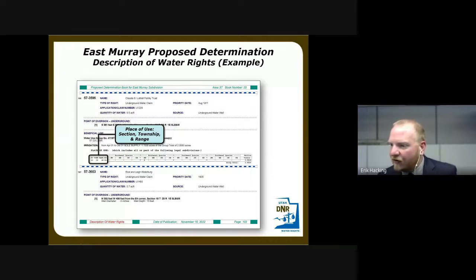And if you can see here, there's a small X marking. It's in the northwest of the northeast quarter. And as you can see over here, we list the total irrigated acreage in this section. If the water right had multiple sections, the usage allowed in each section would be defined here.